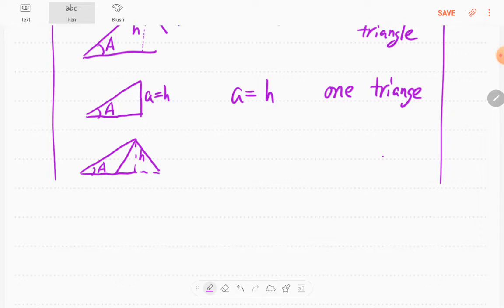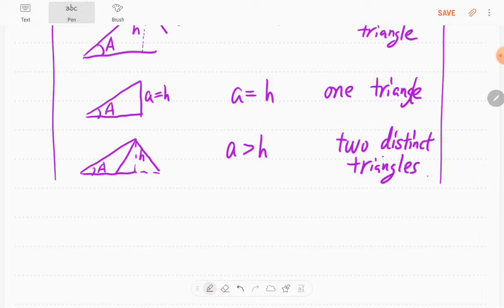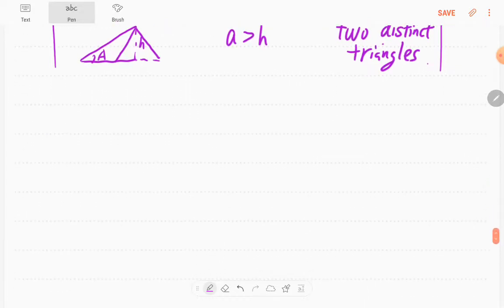So we may have two distinct triangles. So this is for the case where A is an acute angle.